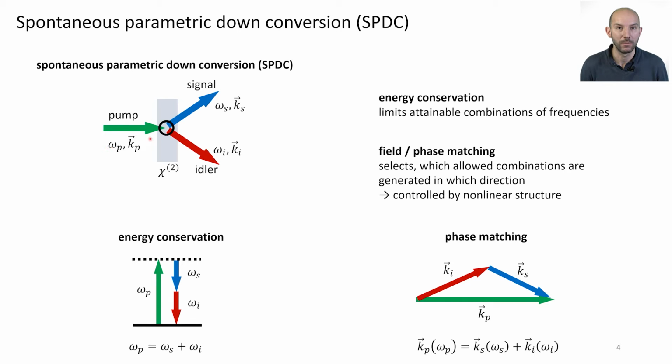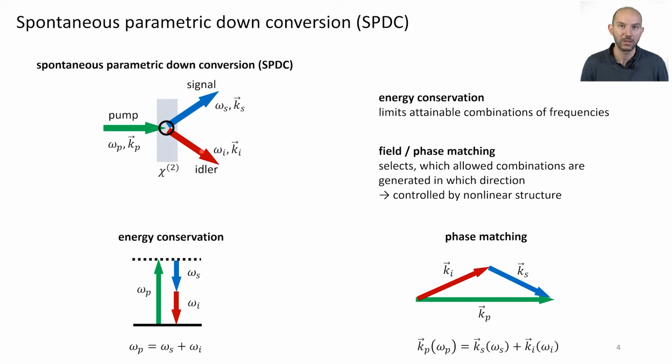They are characterized by two parameters. One is the frequency that I already mentioned. So we have these pump photons, which have a frequency omega p, the signal photons omega s, and the idler photons have a frequency of omega i. These frequencies are connected to the energy: the energy of a photon is h bar times its frequency.